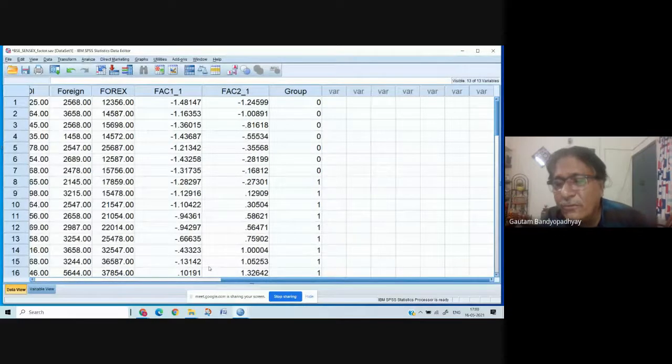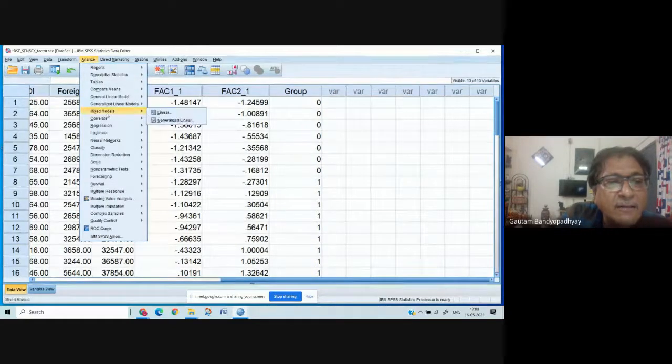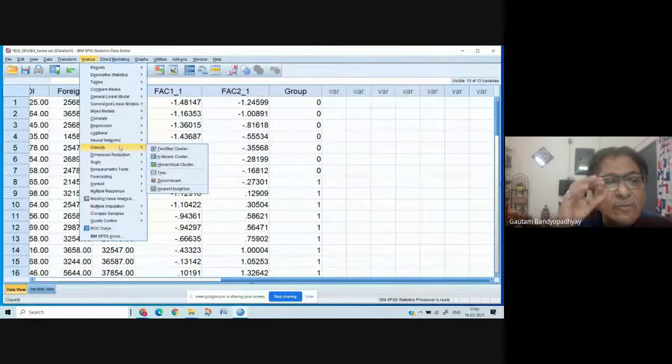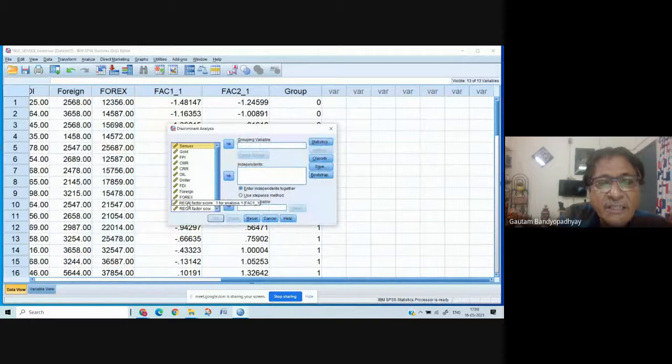So now we go to Analyze, Classify, Discriminant. Easily we construct the grouping variable. There is Group, define range.